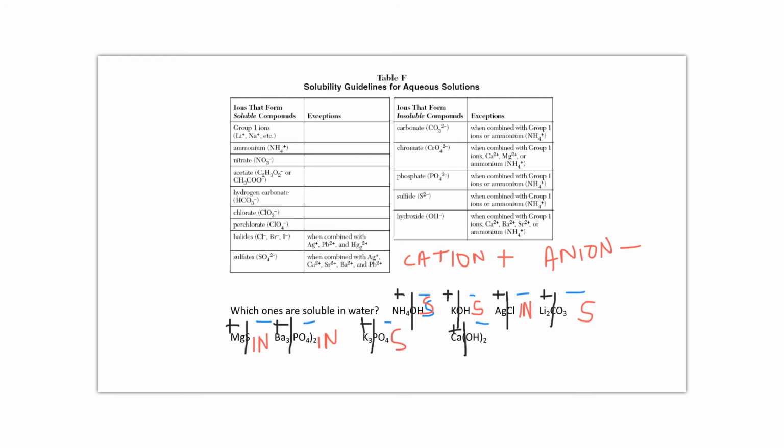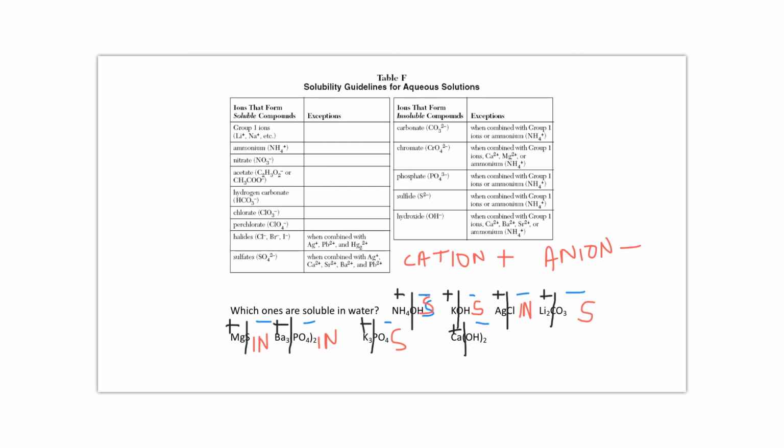And the last one, hydroxide again, normally it's insoluble, except when it's bonded to potassium, group 1. This is calcium hydroxide. Calcium, barium, or strontium. So there it is.